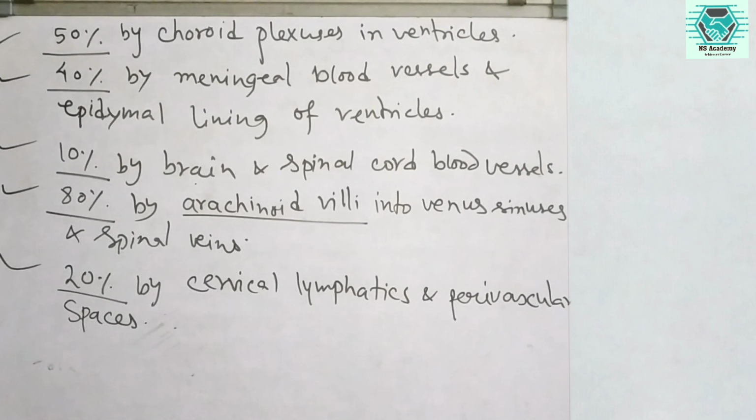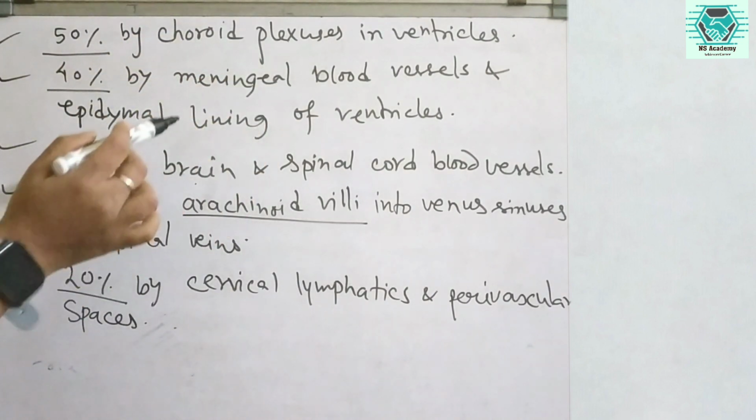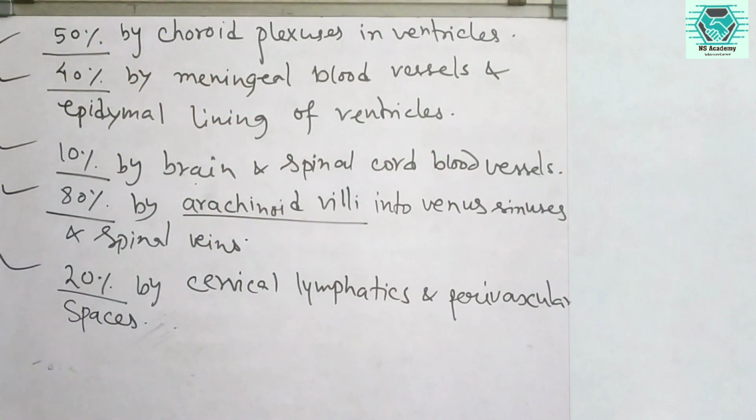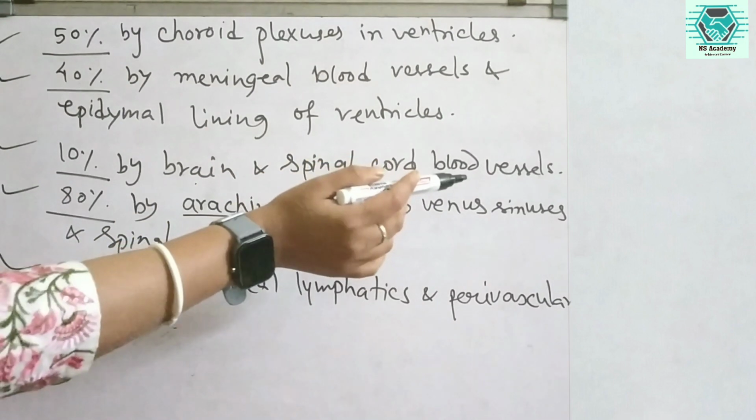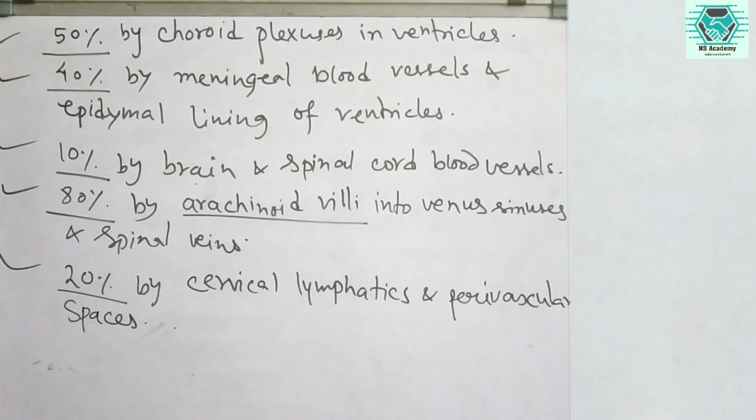And as I have already shown you the diagram of the brain and the ventricles, it is very important to understand the structure so that you can find out which one will be the choroid plexus, the meningeal blood vessels, and where they are coming from, and what about the arachnoid villi, spinal veins.